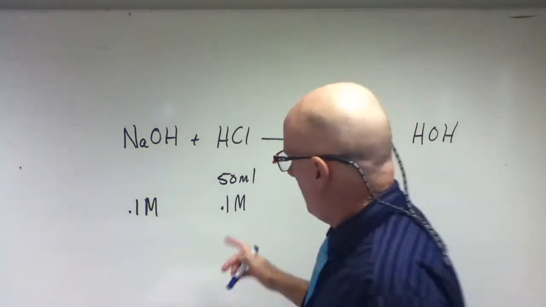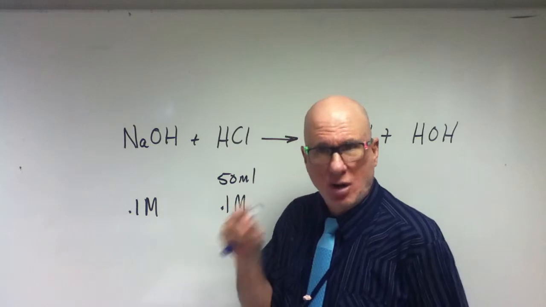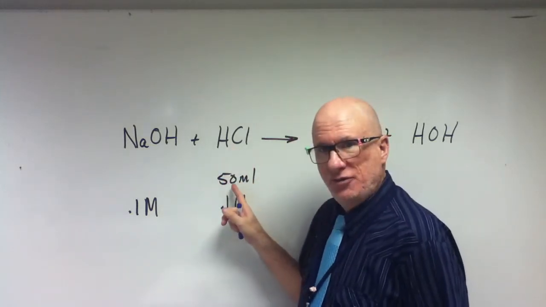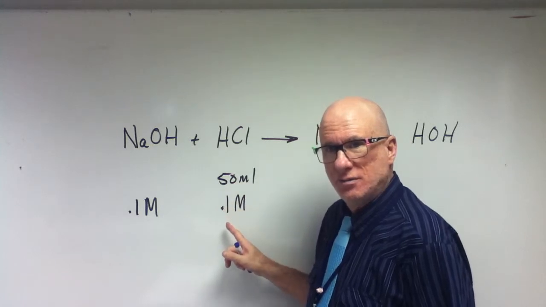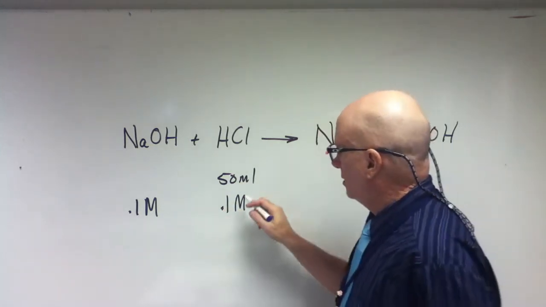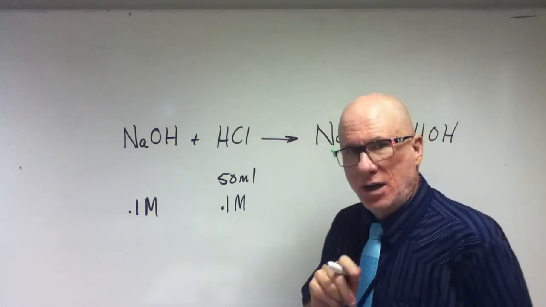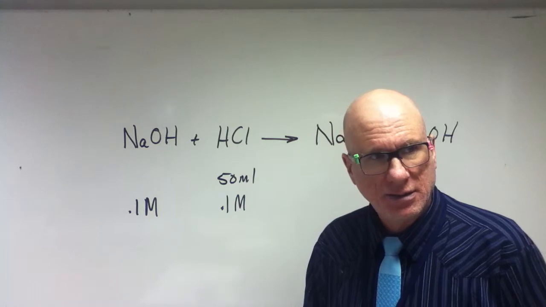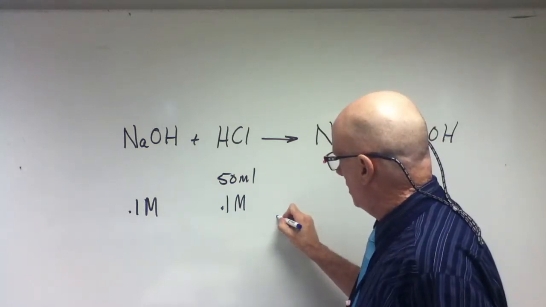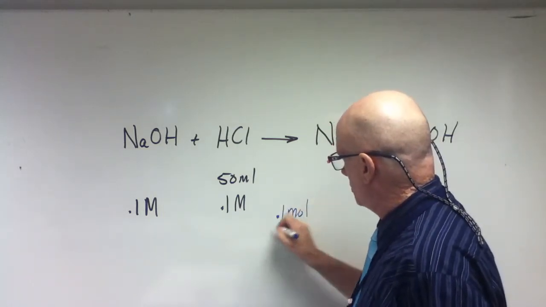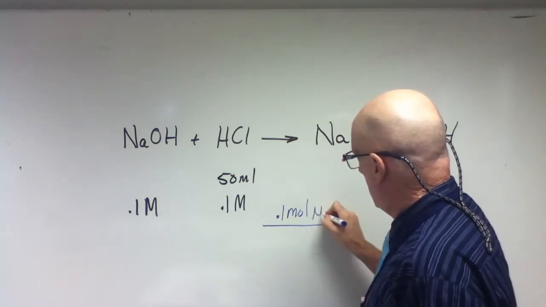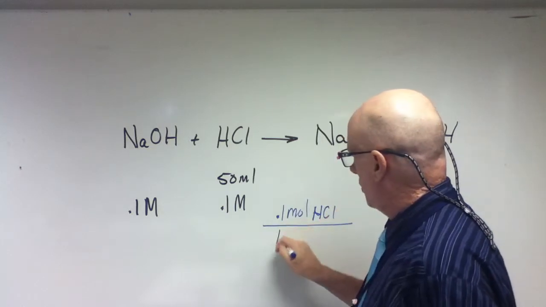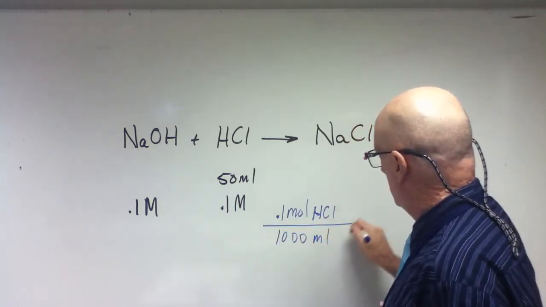But let's see. How many moles of HCl are in 50 milliliters? You need your calculators out, okay? I know that there's 0.1 moles HCl per 1,000 milliliters.